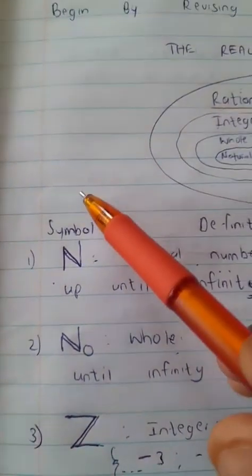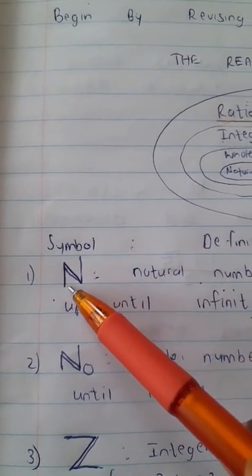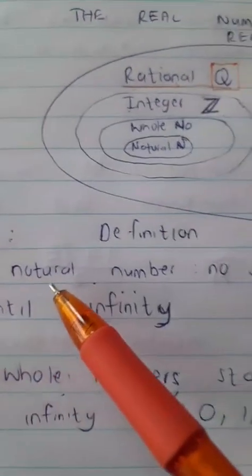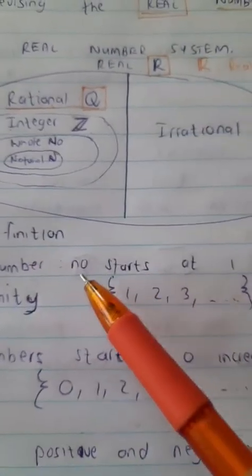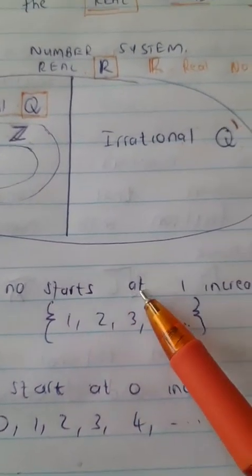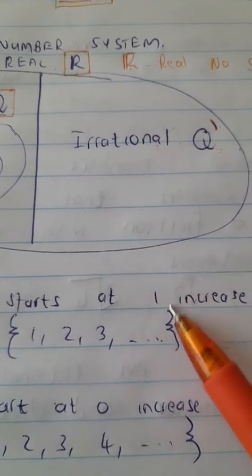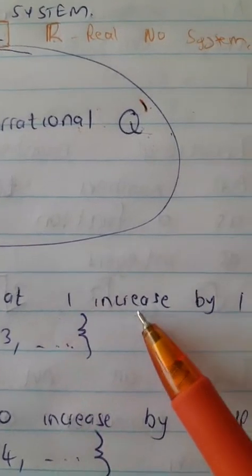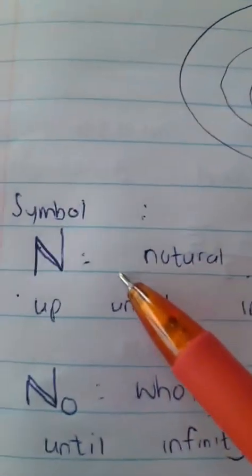So first and foremost, this symbol stands for natural numbers. So this is the symbol that we use for natural numbers. And natural numbers are what? Natural numbers are simply numbers that start at 1. Natural numbers start at 1. This is where they begin. But when they increase by 1, up until where?